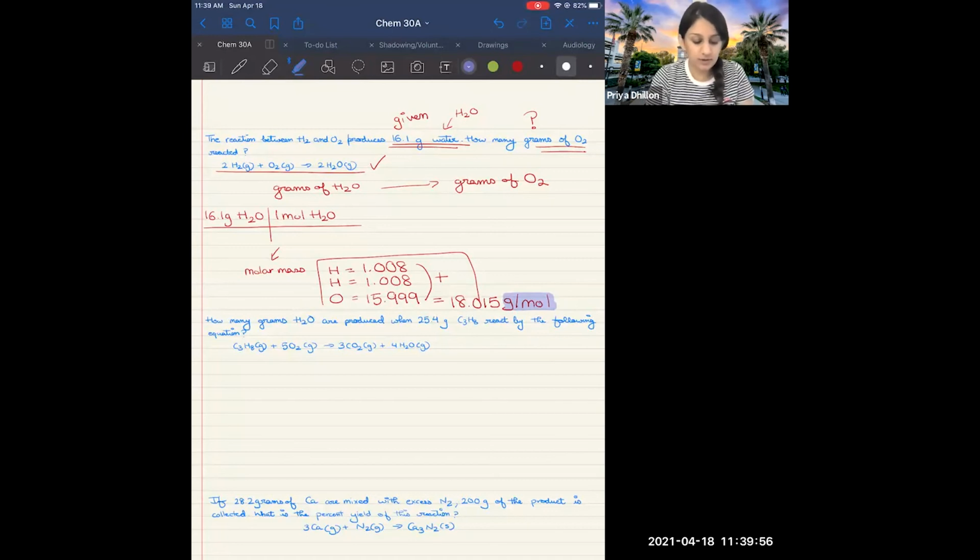Now this is the molar mass we're going to put here, 18.015 grams. Okay, now we want to use the balanced equation. So can you tell me how many moles of H2O I have in the balanced equation?